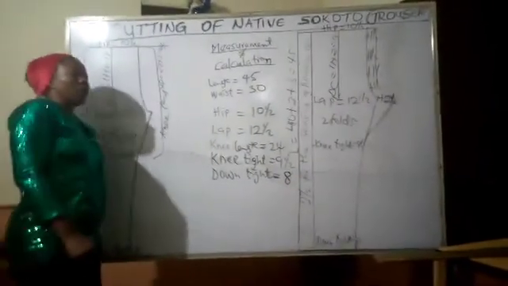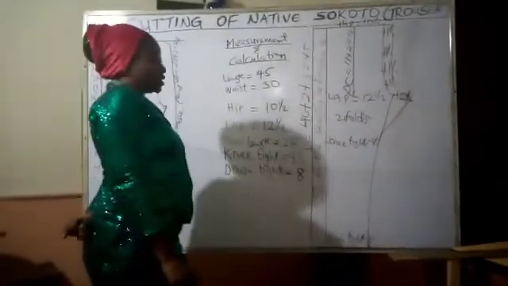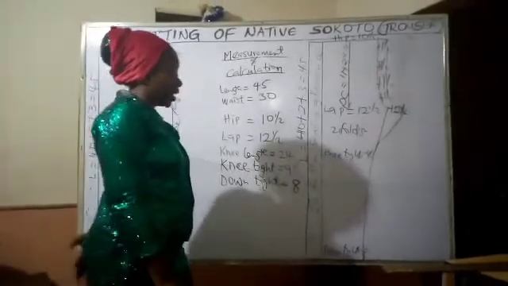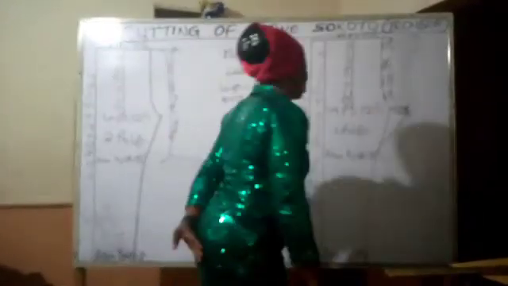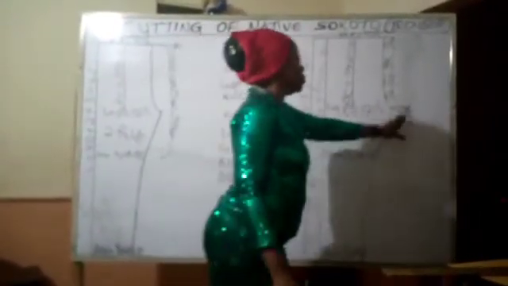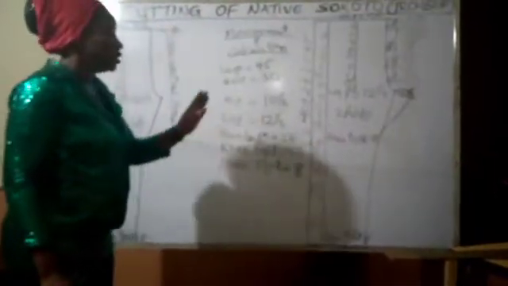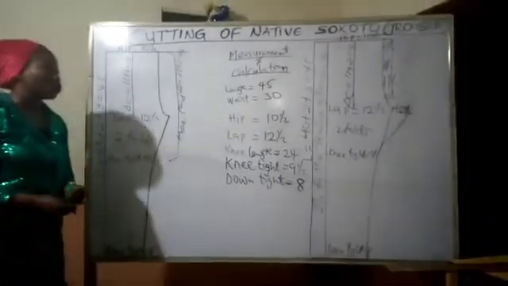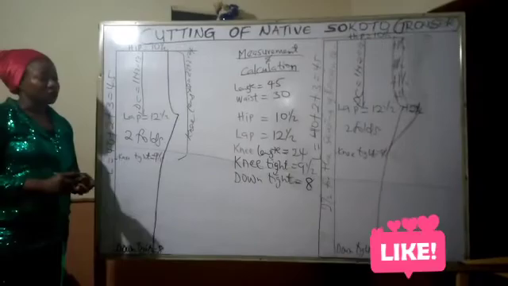Because if you observe the front, nothing is at the front. But when you look at the back, you see that our bumble shoots out. So that is the reason why you have to add to this place, because it's not going to have the same measurement as the front. So this is the back part of our native shokoto.